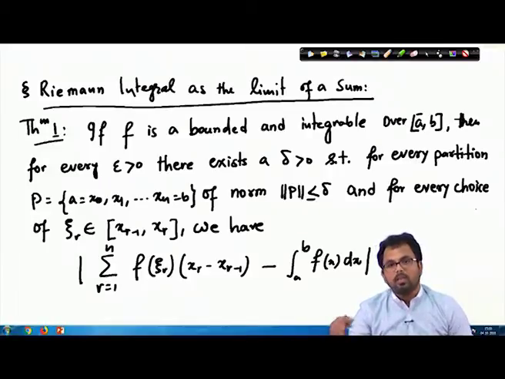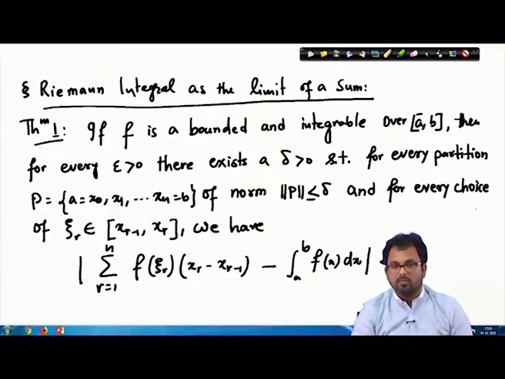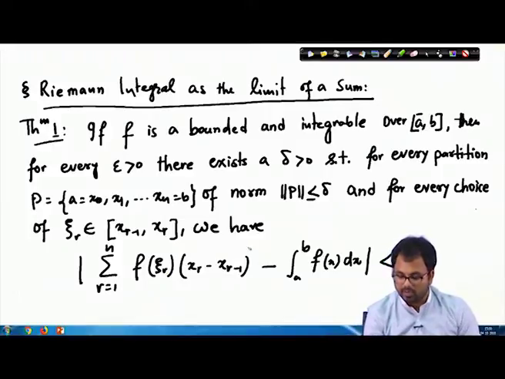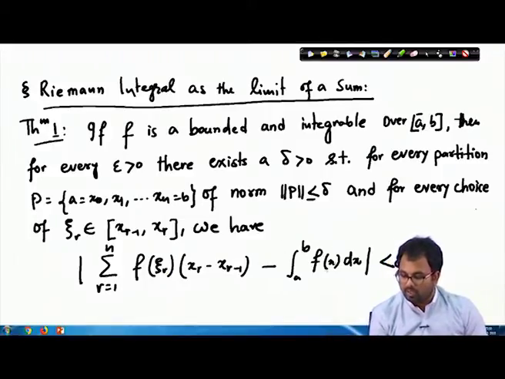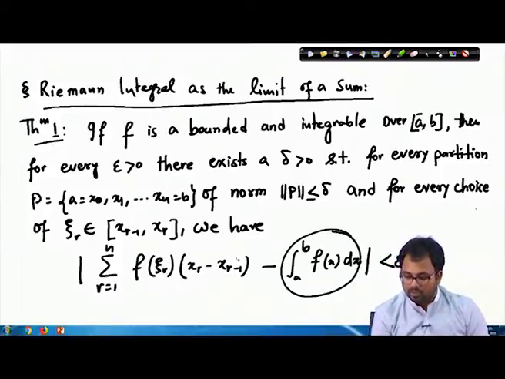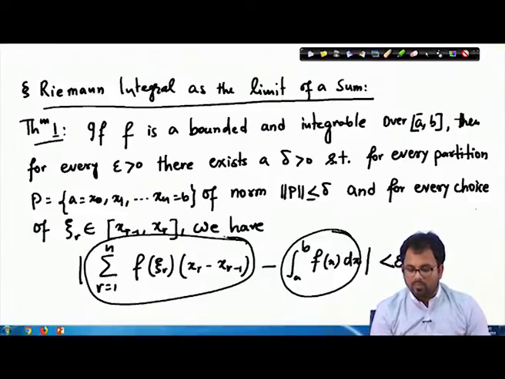So the integral can be expressed as the sum of these f(psi_r) times (x_r minus x(r-1)).